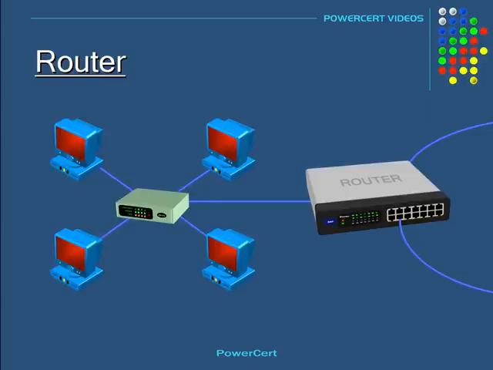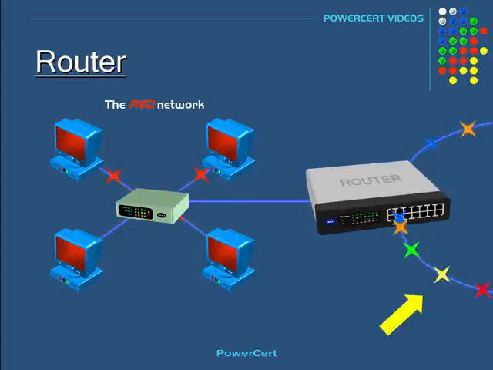So here we have a private network with its router. We'll refer to this as the red network, indicated by the red colored screens on the computers. And over here you're going to have different data packets, indicated by their different colors, which represents different IP addresses, and they are going to be entering the red network's router from the internet.